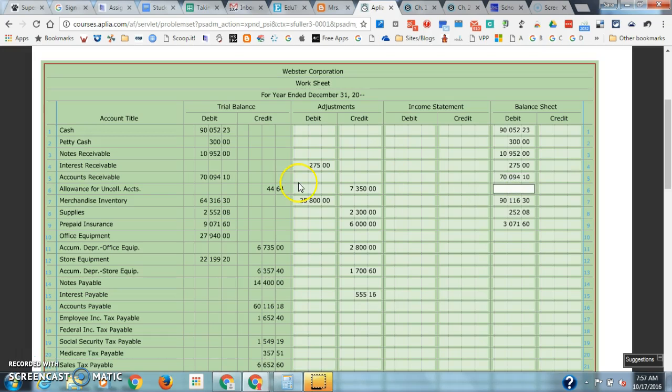And so here we would add, because they're the same, we have a trial balance credit and an adjustment credit. And so any credit, $7,394.64. Office equipment is a debit, $27,940.